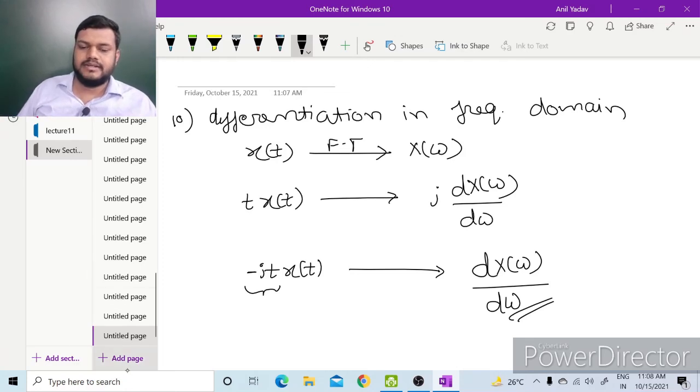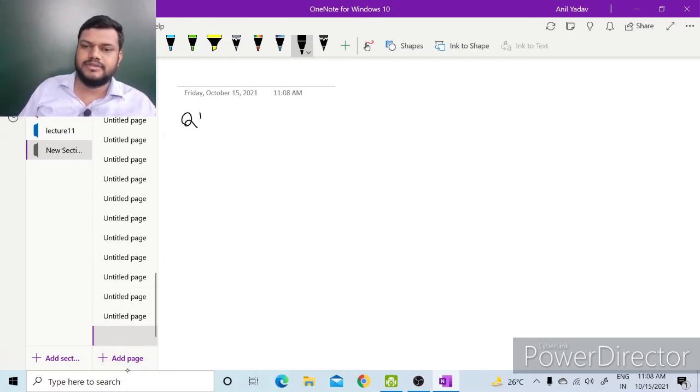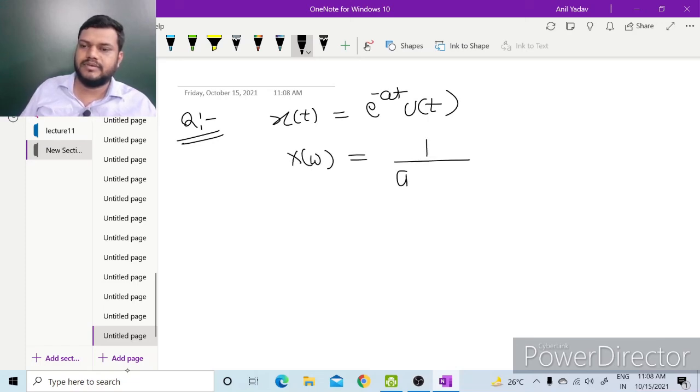So let us see one example based on this property. Let us say x(t) is e to the power minus at u(t). Now we know X(omega) is 1 upon a plus j omega. Then we have to find the Fourier transform of t e to the power minus at u(t).